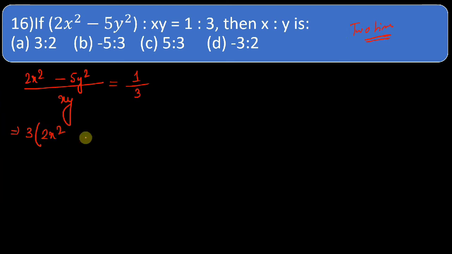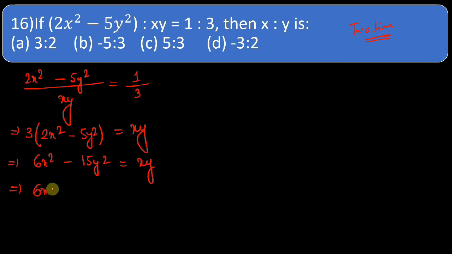By cross multiplying we get 3 into 2x square minus 5y square equals to xy. 3 into 2x square is 6x square, minus 15y square equals to xy. So here 6x square minus xy minus 15y square is equal to 0. We just need to factorize this one and get the respective answers.